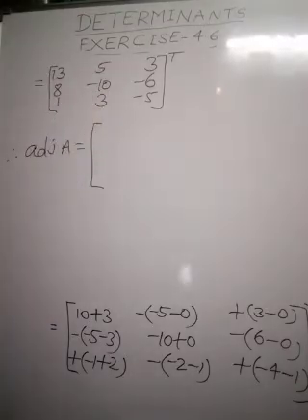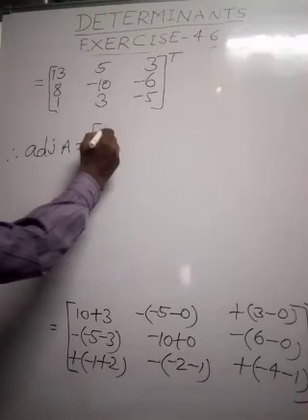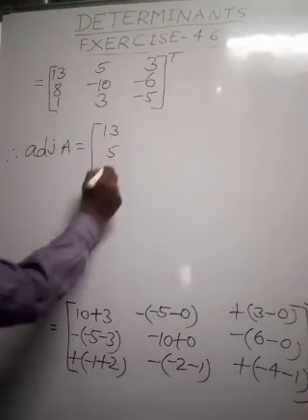What is meant by adjoint of a matrix? We have to interchange the rows and columns. So we write the first row as first column, that is 13, 5, 3.